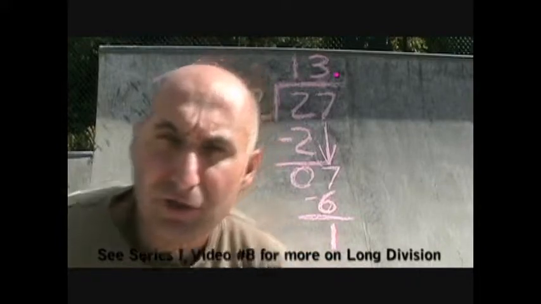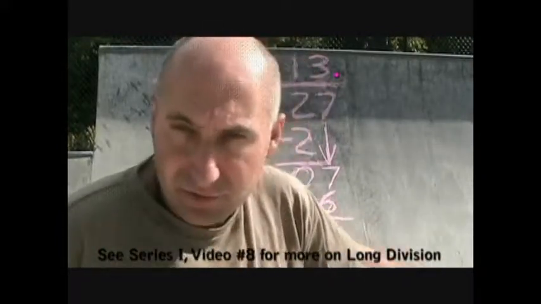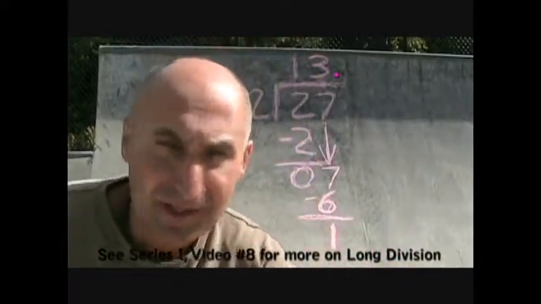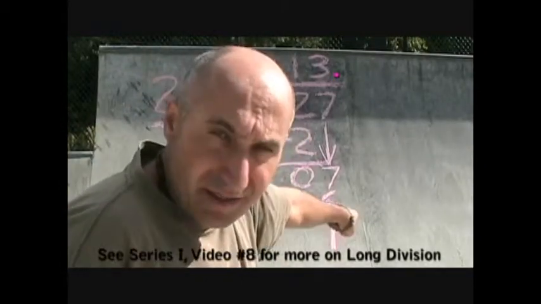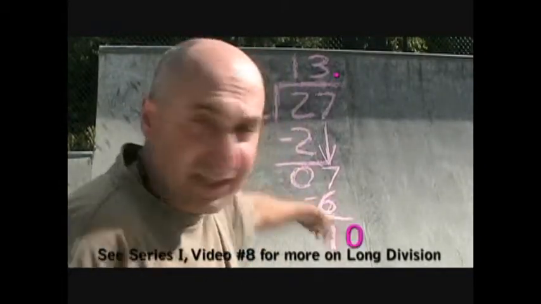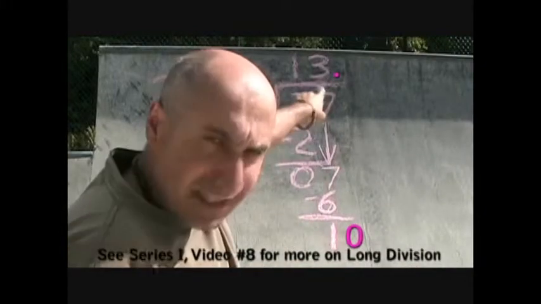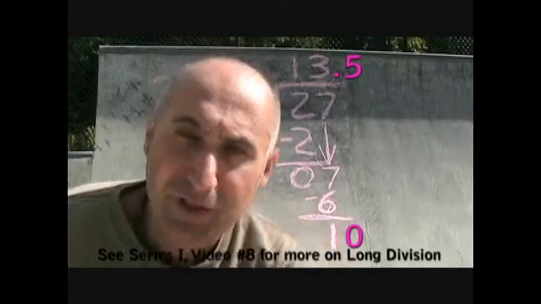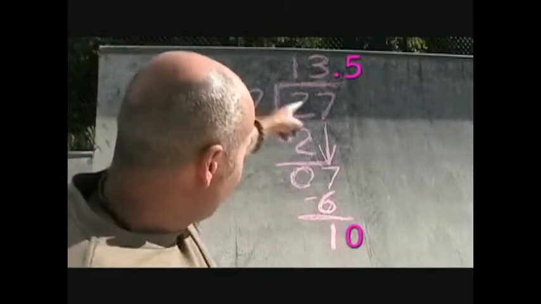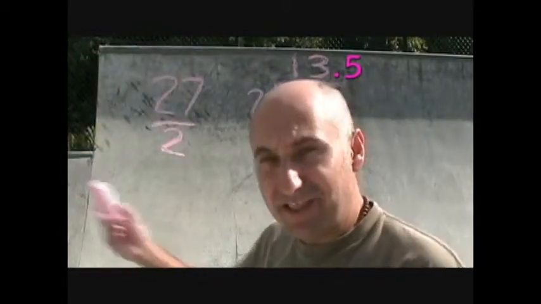You're not going to put 5 or 6 zeros, you're going to start out with 1 0. So you can turn the 1 into a 10, and 2 would go into 10 5 times. So after the decimal, you put a 5, and when you subtract, you would get 0. So the answer would be 13 and a half, which is what 27 divided by 2 is.